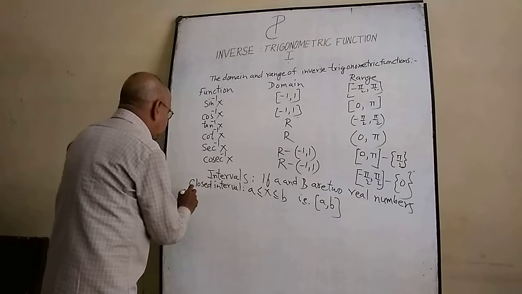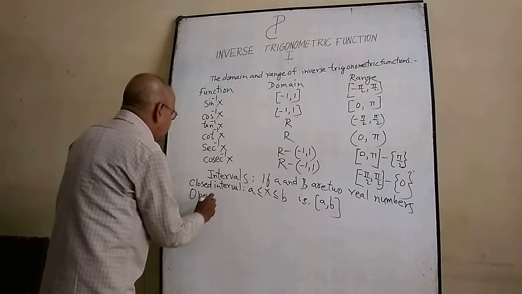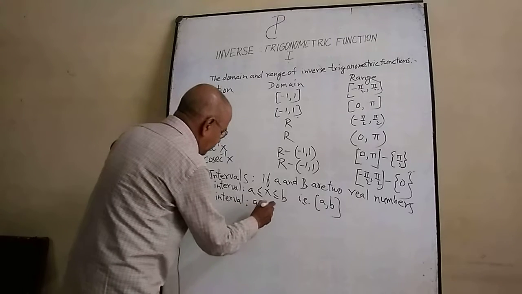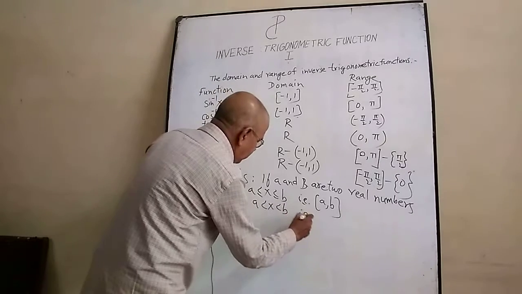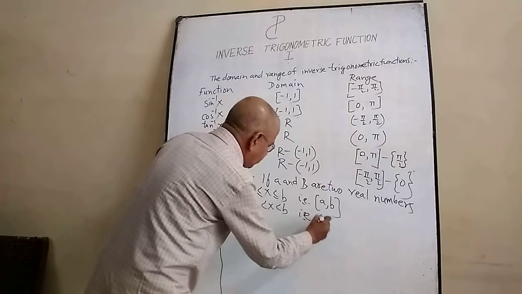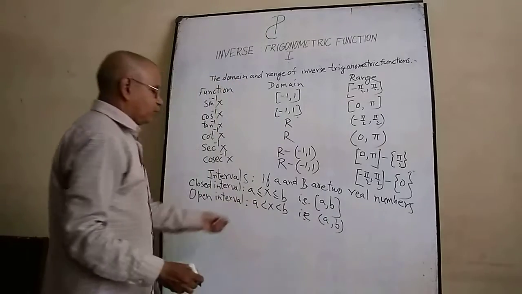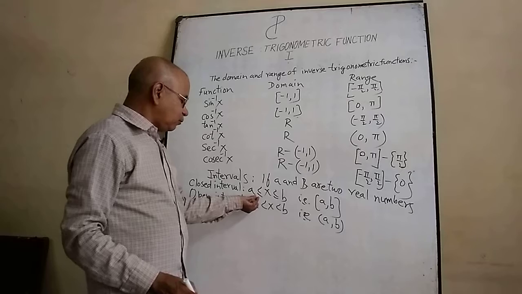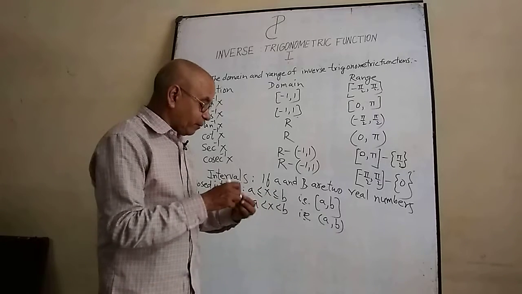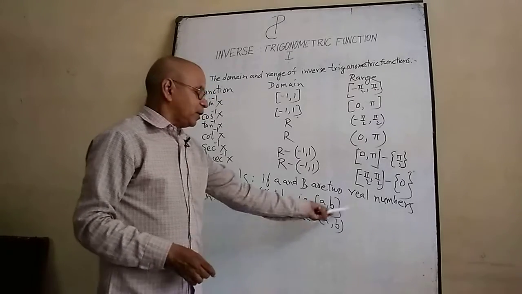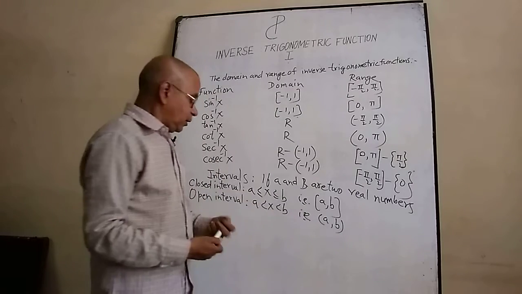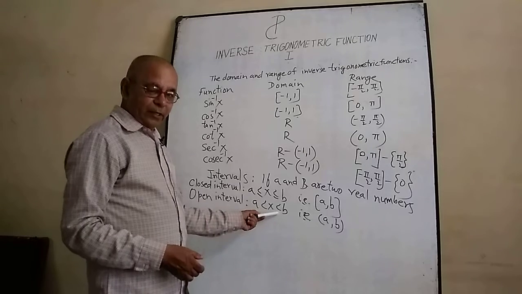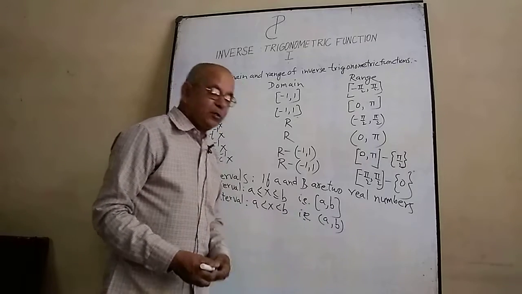What about the open interval? Open interval is represented by a is less than x and less than b, i.e. this is represented as (a, b) like this type of notation. Here remember, this both having greater than or equal to and less than or equal to, when they are equal to, then it's a closed bracket. And similarly, when it is only greater or less than, then it is represented by small bracket.